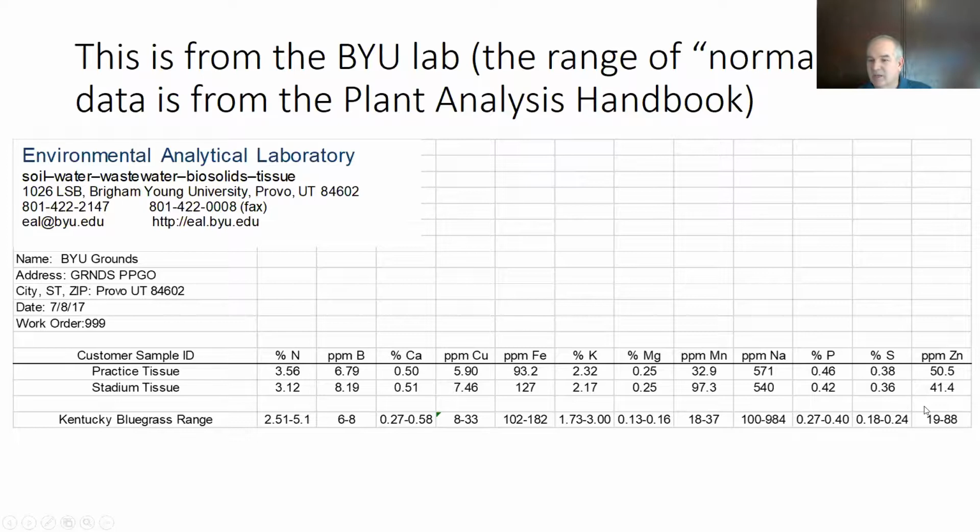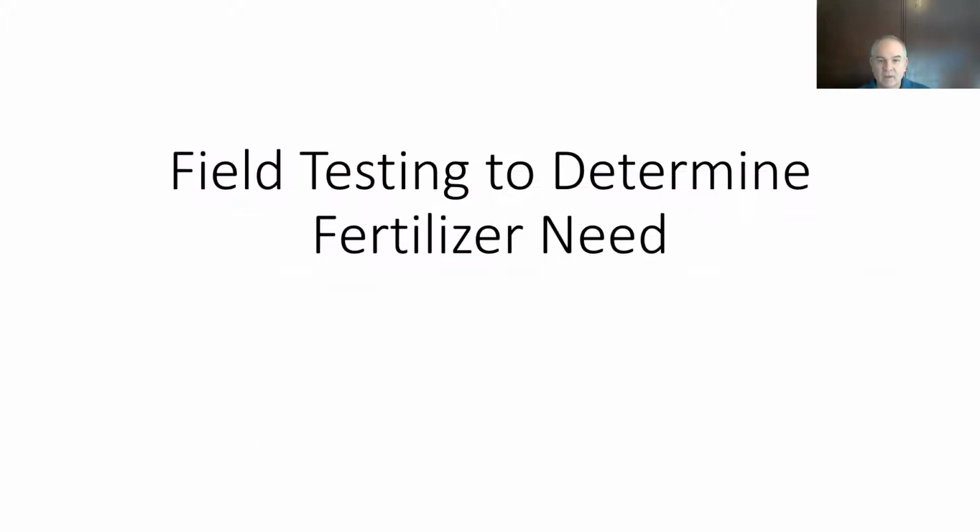It's probably not a big problem, but I certainly don't need more. Then here's sulfur that is above range, and zinc, being the last one, is in range. So that's some helpful information. Again, couple that with soil testing and some other things that we might look at. You might say we should at least look at these micronutrients, and maybe we need a little more copper, possibly some iron, and we could play around with that a little bit.